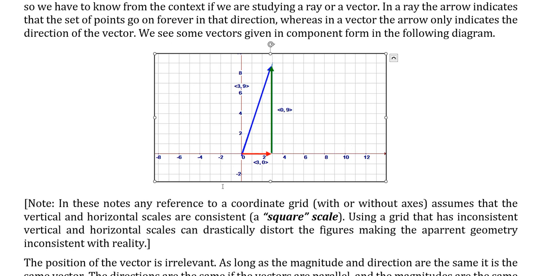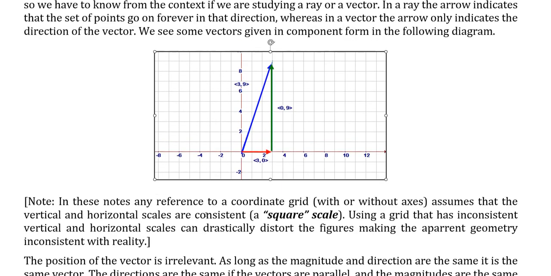Sometimes when we're graphing equations, say in college algebra or pre-calculus, something like that, or calculus, we will not use the same scale vertically as we do horizontally. We'll use a consistent scale horizontally, we use a consistent scale vertically, but the two scales might not match. But for this, to see what's going on and to understand the geometry of what's going on, we use what's called a square scale so that squares actually look like physical squares.